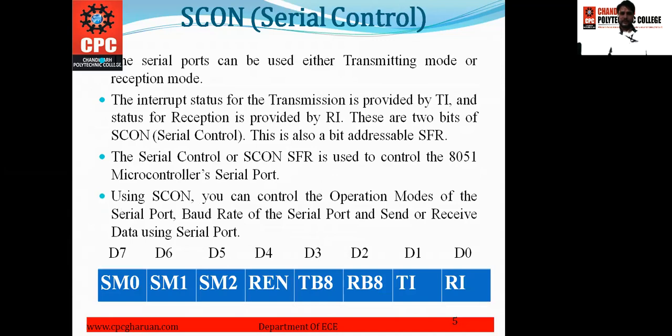Next is the SCON register, that is the serial control register. It actually controls the operation of the serial port. The serial port can be used in either transmitting mode or reception mode, because the serial port in 8051 is the port where we have to transmit the data and also receive the data.